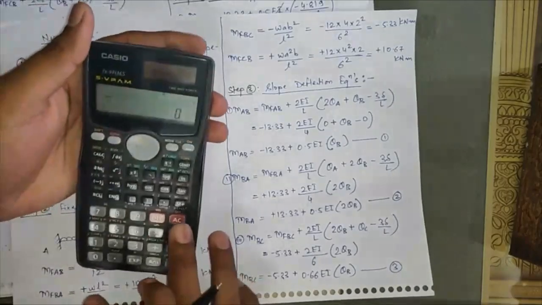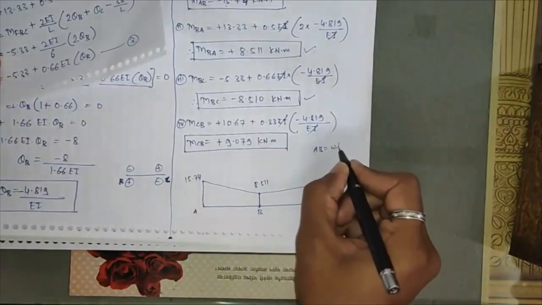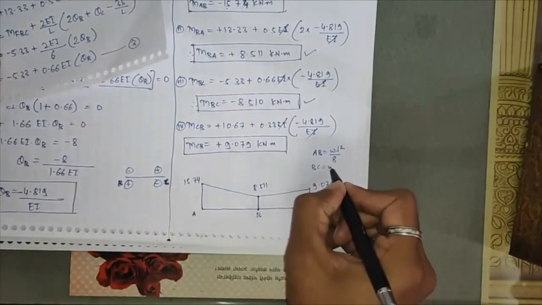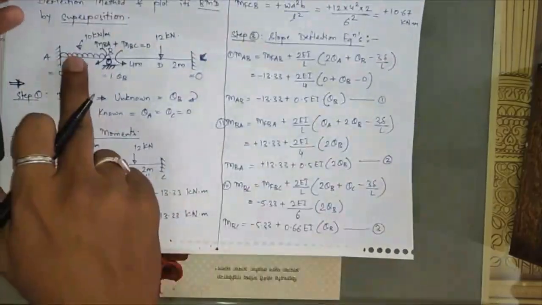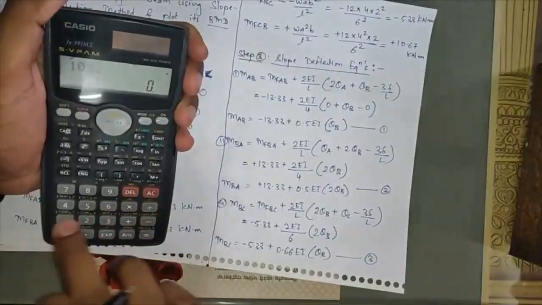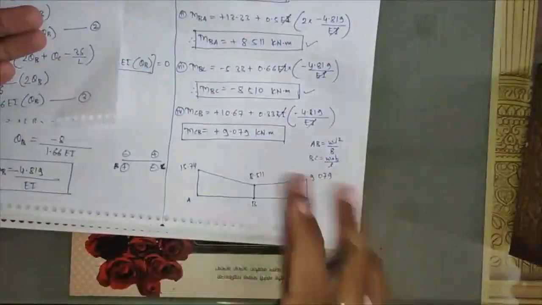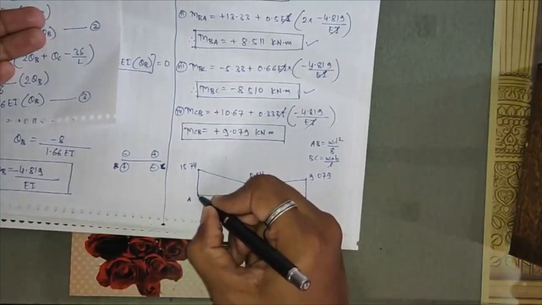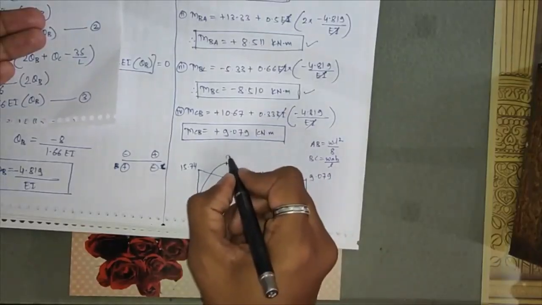Maximum span moment if UDL is acting is WL square divided by 8 for member AB, and for BC it is WAB divided by L. WL square by 8, W is 10 into L is 4 square divided by 8, so I am getting 20. So this 20 will be maximum at the center. It will follow a parabolic path, and the maximum at the center comes equal to 20.